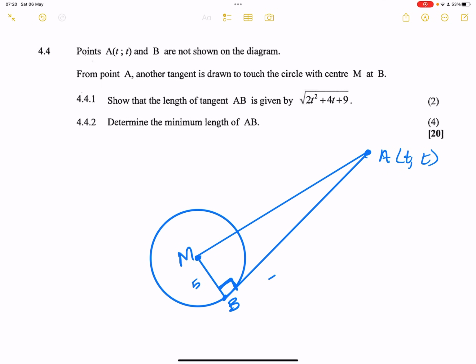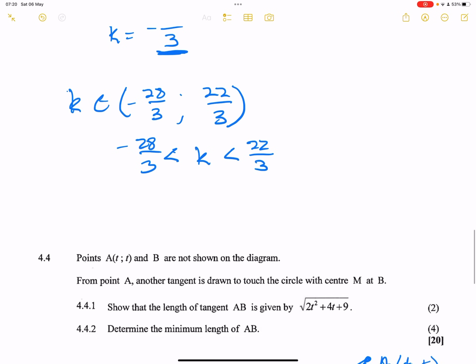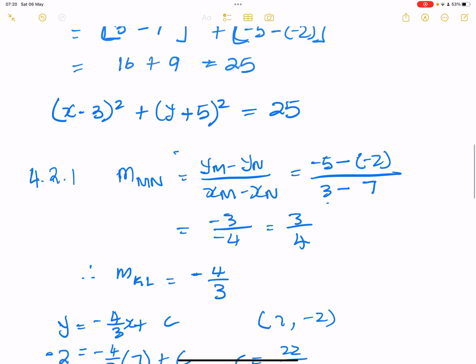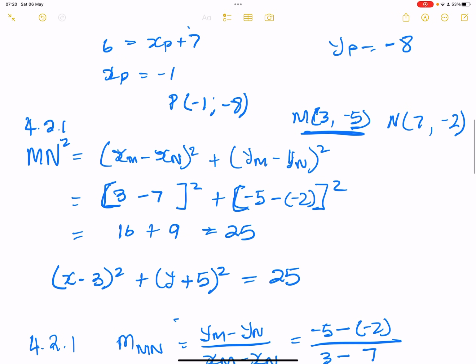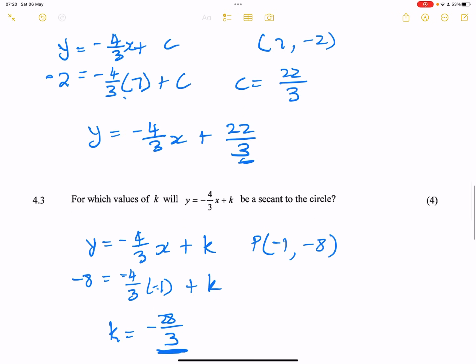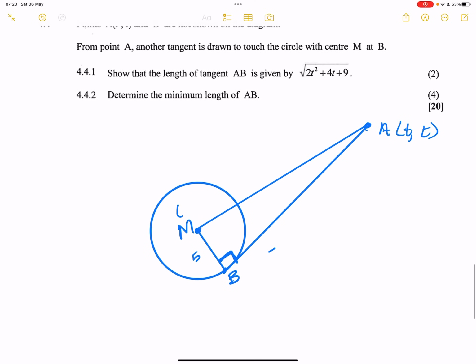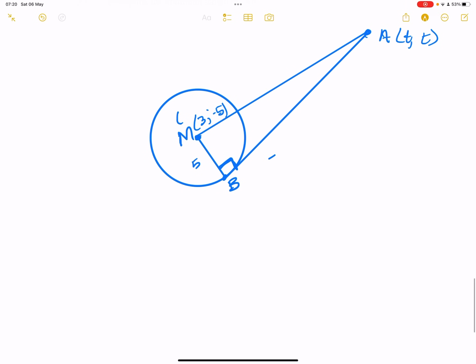Oh, and by the way, point M was 3 and negative 5. So this point here is 3 and negative 5. To get the value of AB, remember I don't have the coordinates of B, so I'm going to use Pythagoras because it's a 90 degree triangle.